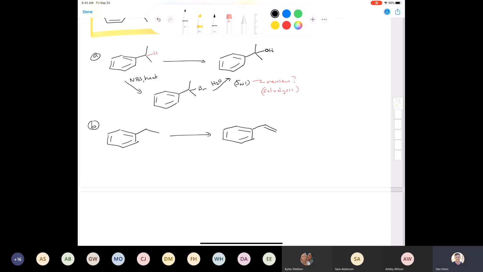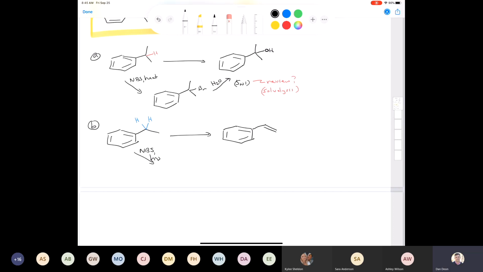Does anybody have an idea for the first step? Not a trick question. It's not bromine, but NBS. Yes, you want to brominate, right? Because you've got two benzylic hydrogens here. And so you want to brominate, and to do that, you're going to use NBS. Let's try light this time.